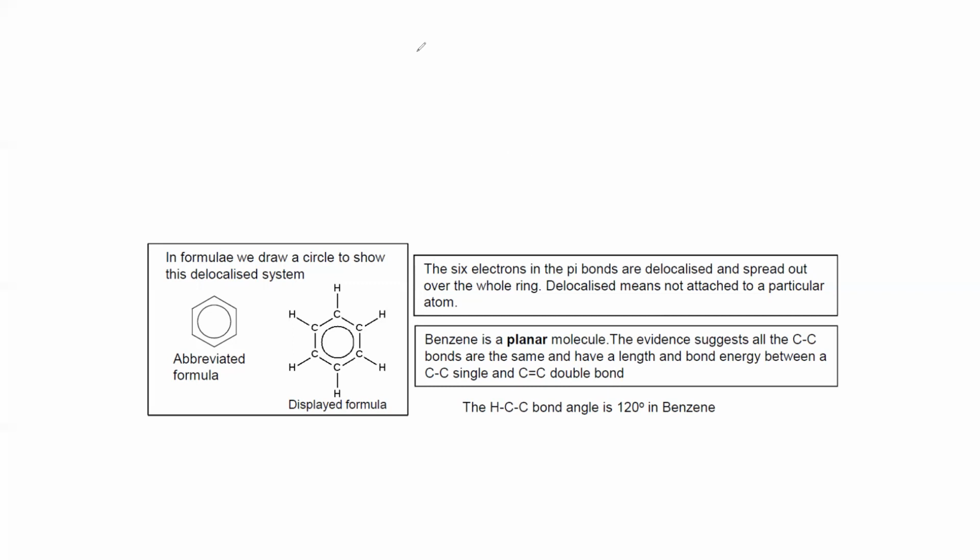So here, basically, it's a pi bond. So if this is a p orbital, first the pi bond is formed between carbons 1, 2, 3, 4, 5, 6.